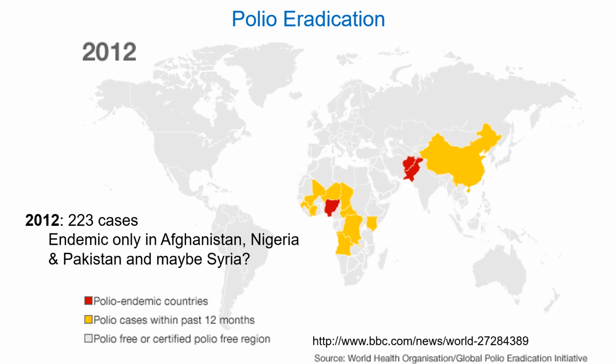So here we are, 2012. You can see 3 places in the world had wild polio virus circulating, 223 cases. What are we looking at? Afghanistan, Nigeria, and Pakistan, maybe Syria. So what's going on in these places here? Well, Nigeria was just a little bit slow to get on the bandwagon with getting people vaccinated.